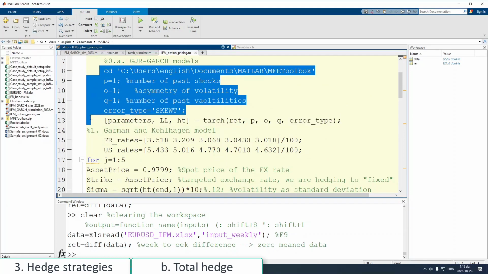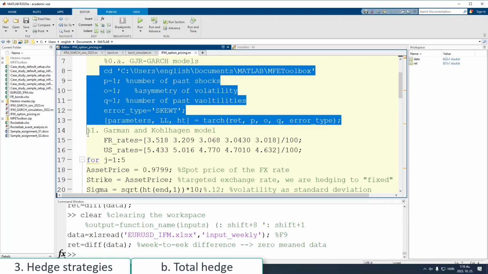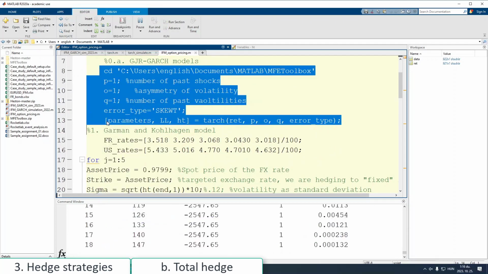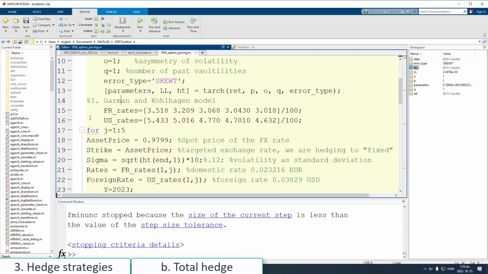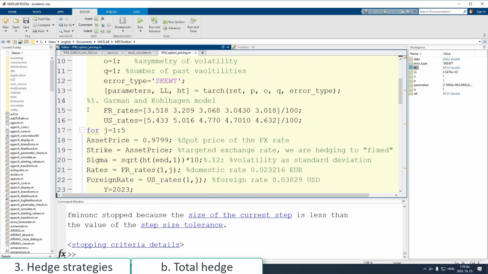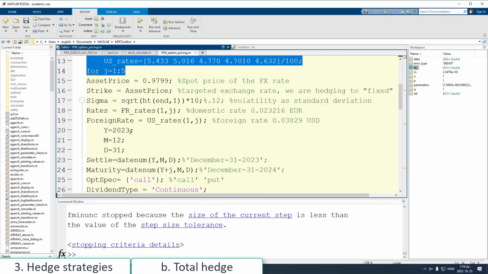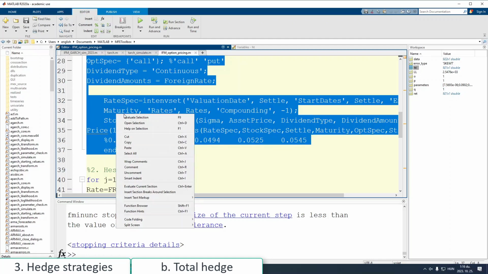Okay, so we need the option fee, we obviously need volatility, so let's calculate volatility, and then we should calculate the Garman-Kohlhagen model and also the other one, because we know that everything will be fancy.